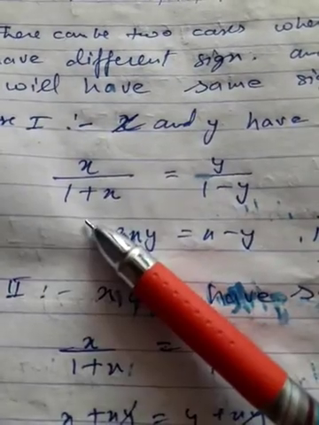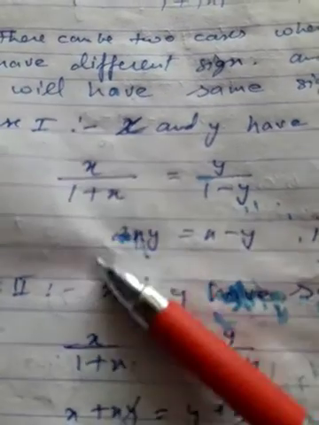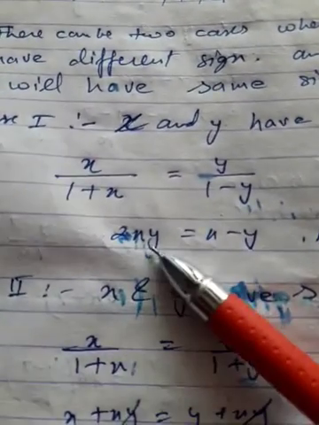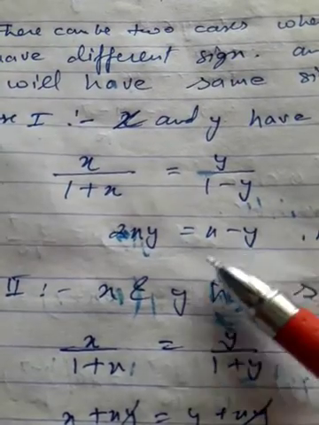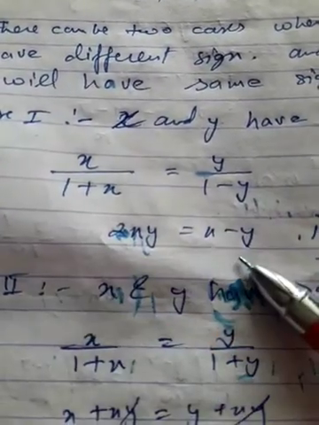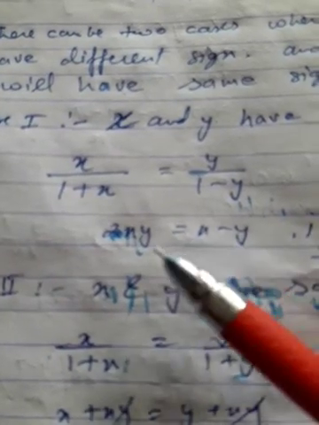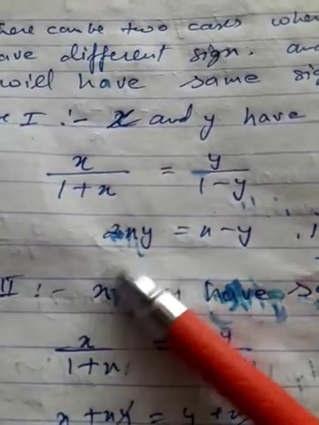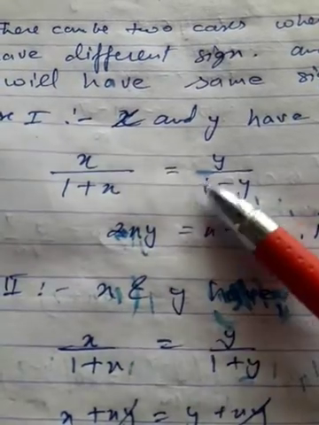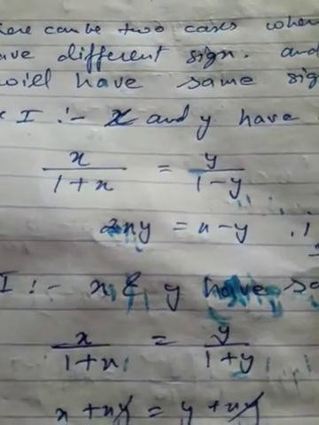Similarly, if we take y positive and x negative, then we also get the same kind of relation, where 2xy will equal y minus x. That case will also not be possible. It means for different signs this function is not possible, so we are not going to take that.